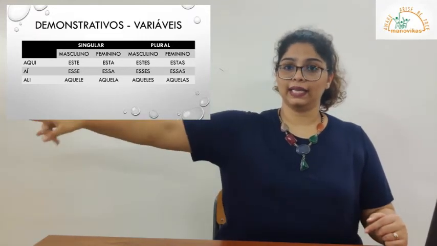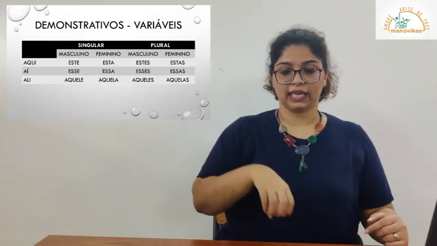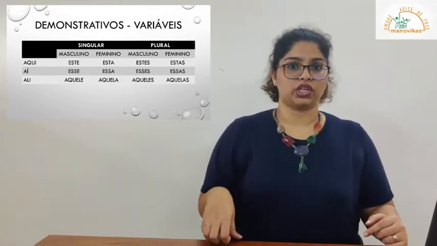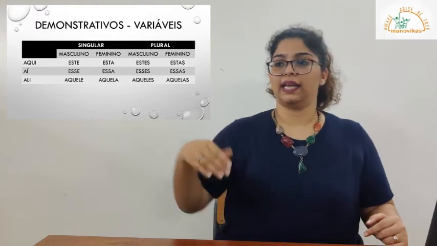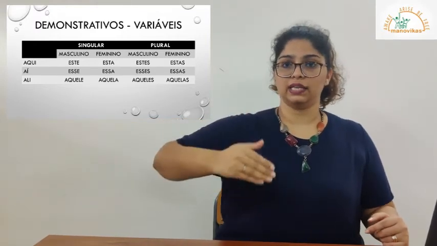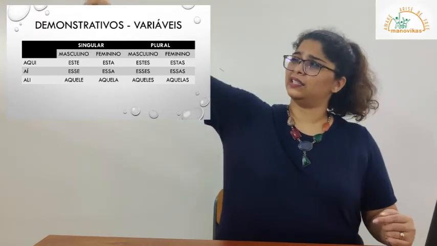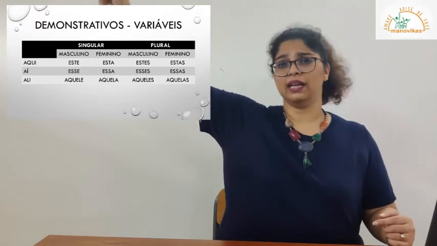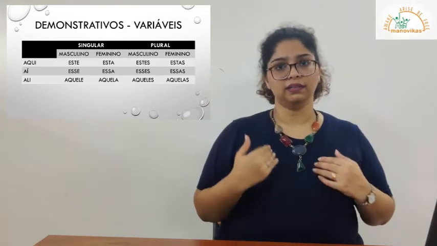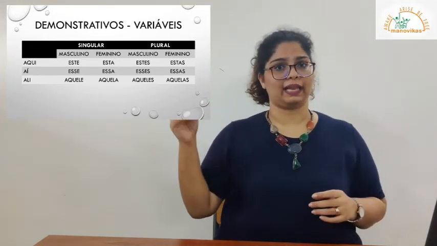So aquela ali, isto aqui, so este, esta, estes, estas, esse, which is close to you, esse, essa, esses, essas, or aqueles, aquelas, aquele, aquela. Okay, when the object is far from both the speaker and the receiver, you will say aquela.